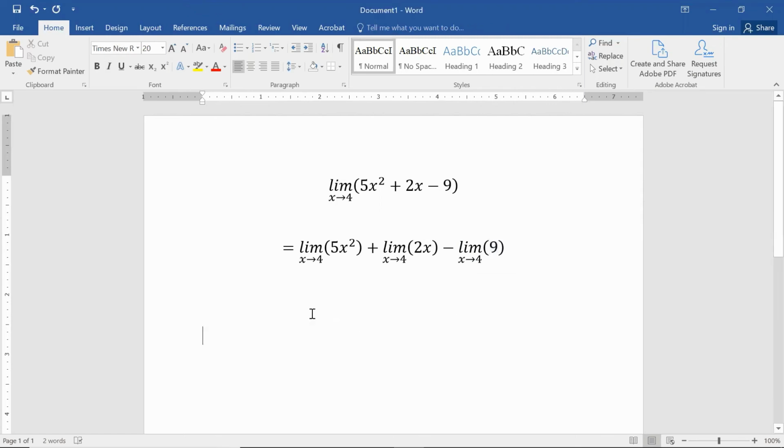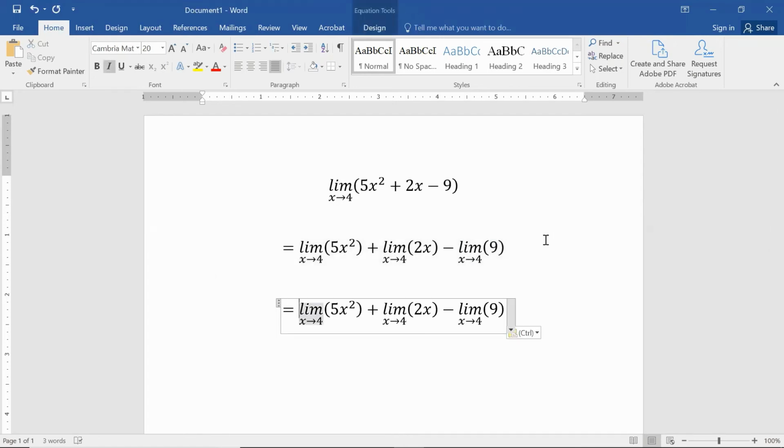So once we have this, then we can say a few things. Since we have a coefficient in front of our x squared, one of the limit rules that we did said that if I have a coefficient b times f of x, then that's the same thing as b times the limit.